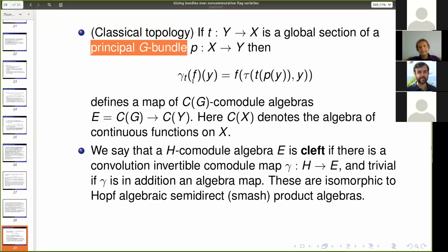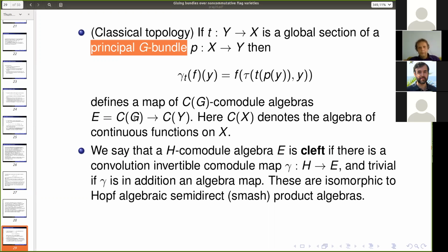If you dualize, this T will be T from the projection, and tau is this division map for the principal bundle. Then from that you can define, from every function, a new function given by this formula.